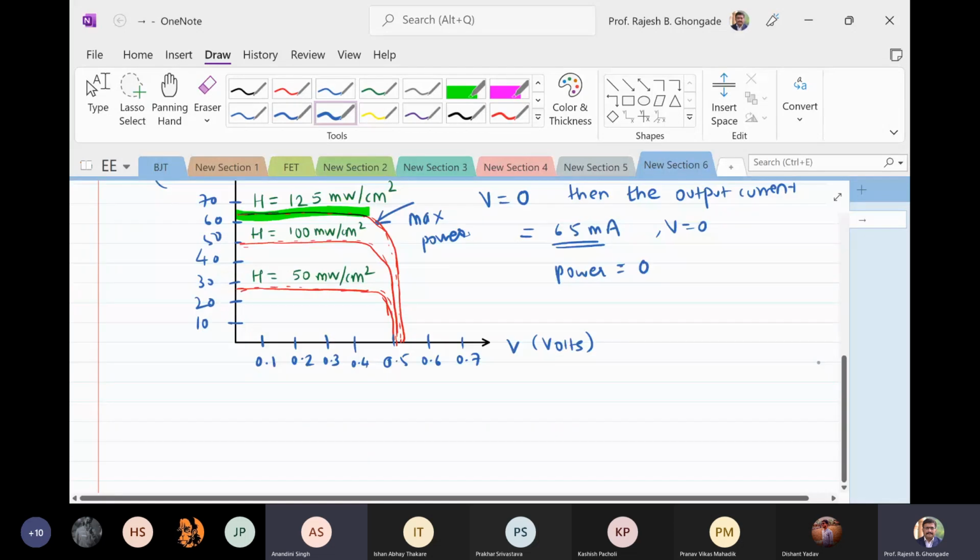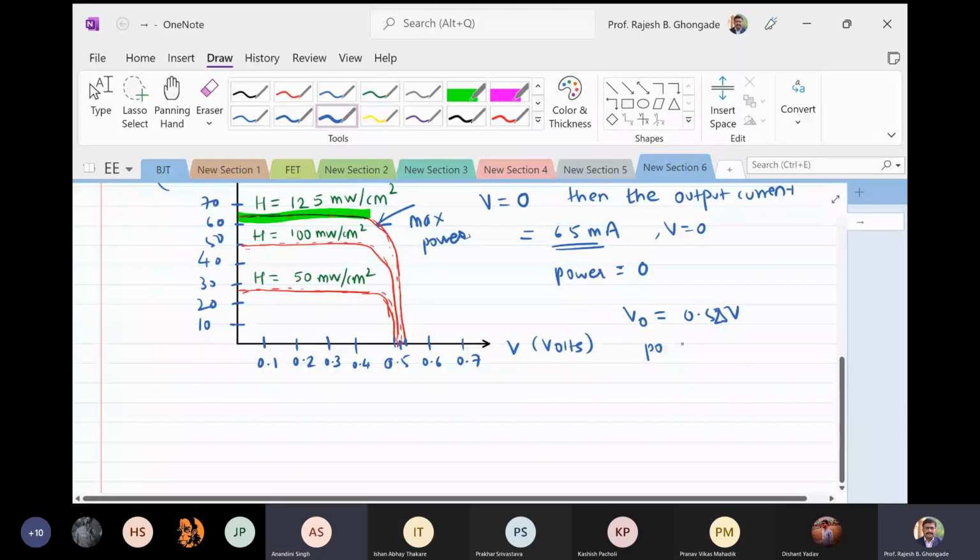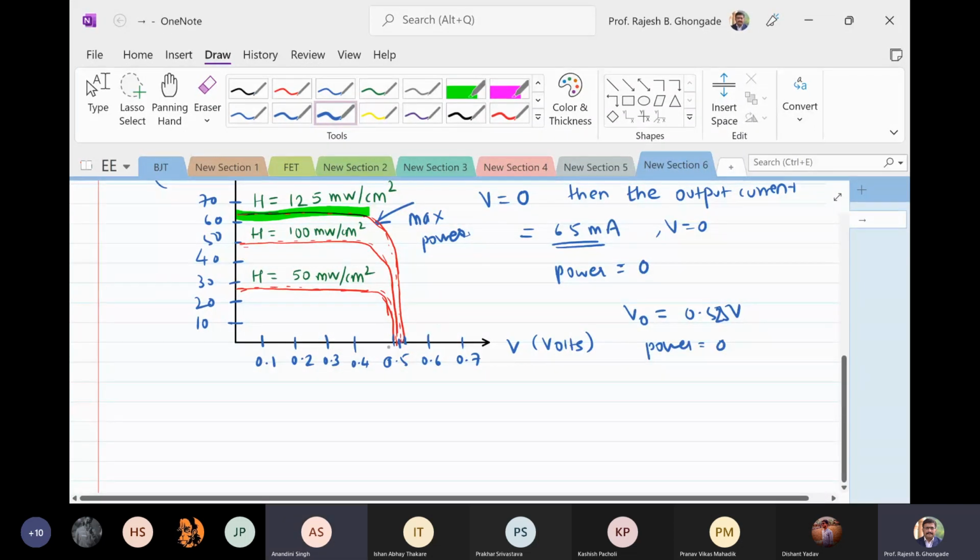That is one very important thing. Similarly, if the device is open circuited, that is, V out is now around 0.55 volts, the power is still 0 because the current here is 0.